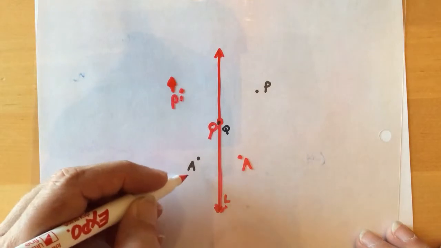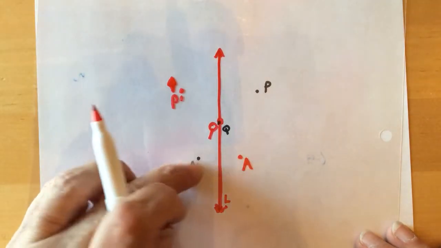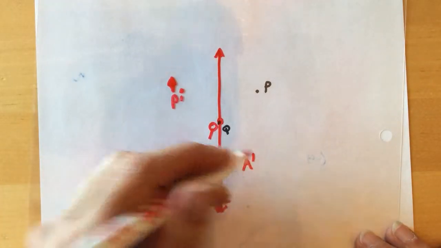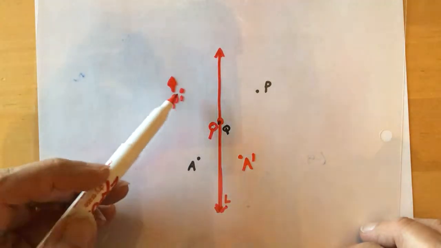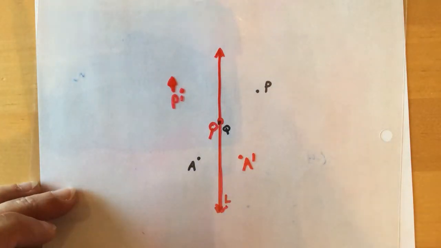And this right here is A prime. Oh, sorry, A prime would be over here. A prime. So they move to the opposite sides of the line of reflection.